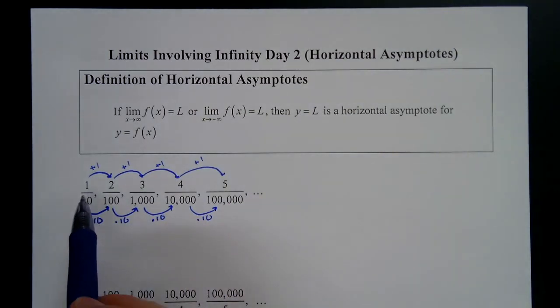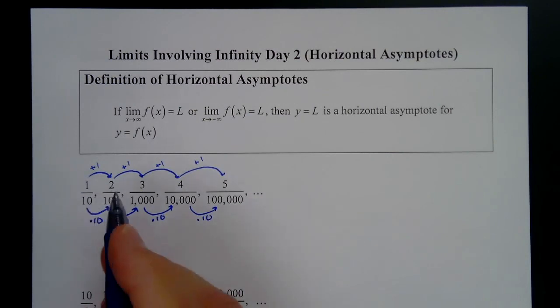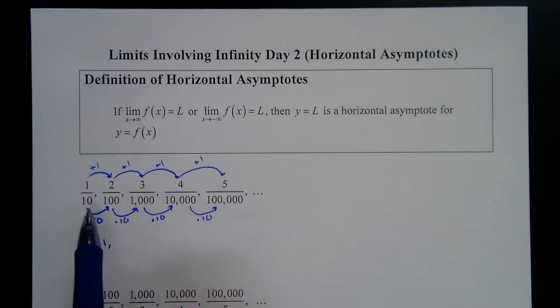And if you look at the decimal equivalent, we're going to see what's going on. So 1 out of 10 is 0.1. That's the value of the first ratio.